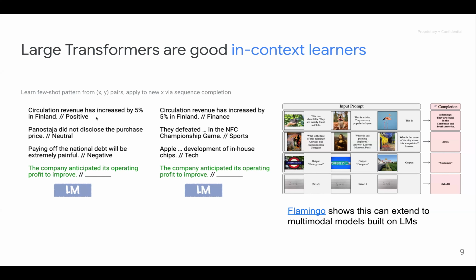So given the exact same queries but with different answers, it realizes that this is about whether this is a positive or negative statement, and this is about what field the quote is in. So it can recognize that this last thing is about finance, and this is a positive statement. We can use the same thing within robotics to make sure that the language model understands what the robot's capable of, and we can even do this with vision language models.